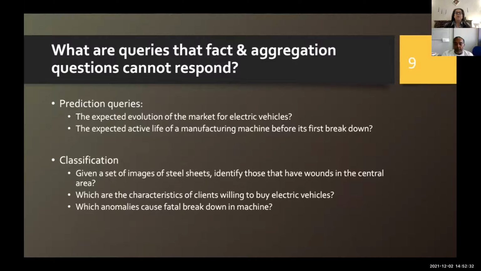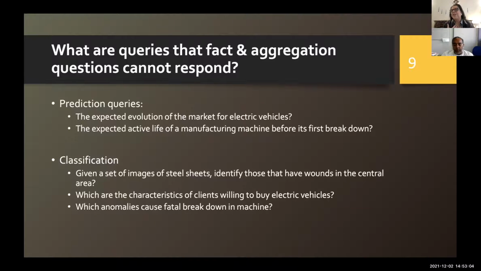If we move forward to not factual questions, but those that facts and aggregations cannot respond to, then we are talking about problems that normally and very often are related to classification. This is why, for example, Mustafa Leba in the first day of the school talked about classification, because that was something that we have known since Aristotle.